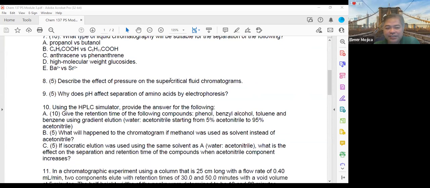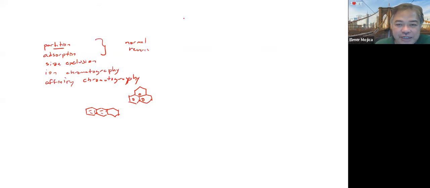And then you are asked here, describe the effect of pressure on the supercritical fluid chromatogram. Anong pwedeng gawin ng pressure? If you increase the pressure, what will happen?